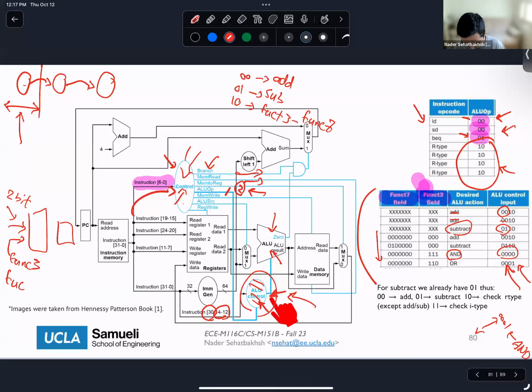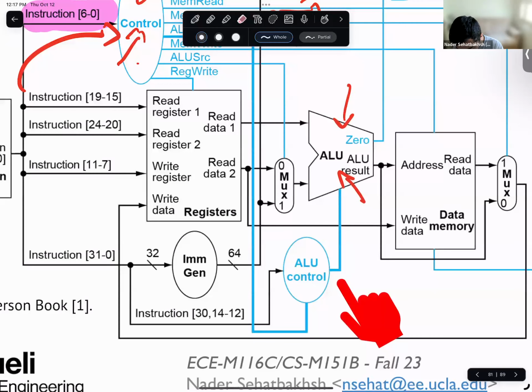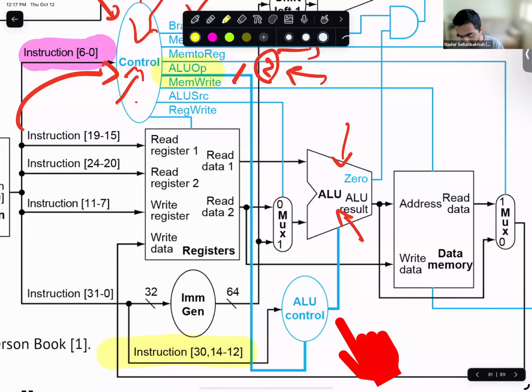So the inputs to the ALU control, if you zoom in here, are these bits of the instruction, which are func3 and func7, and also these 2 bits of ALU op. The combination of these will help us create the 4-bit output.